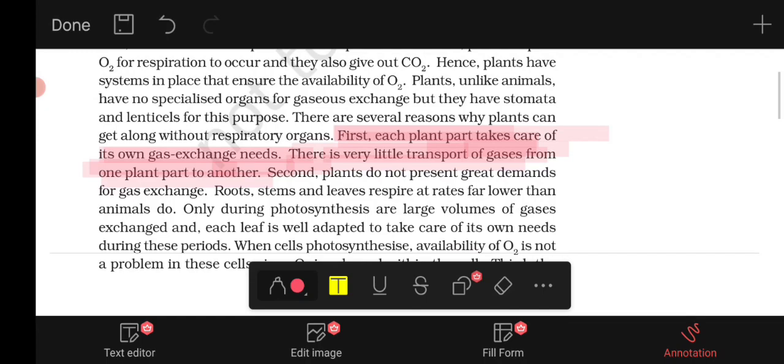But in our case, the air which we take in needs to be transported to the other parts. Each cell of our body requires oxygen for living. Even the cell on the tip of your toe requires oxygen. And you just see how long the distance it has to cover from the lungs to the tip of the toes.